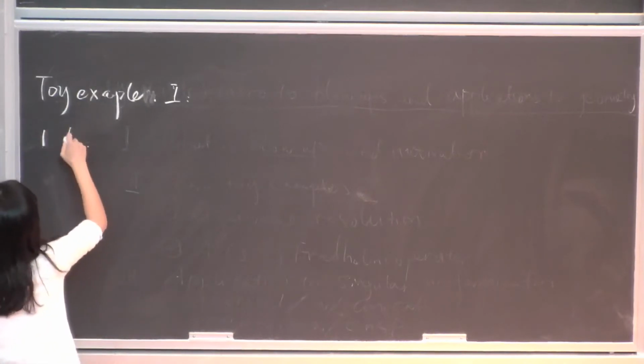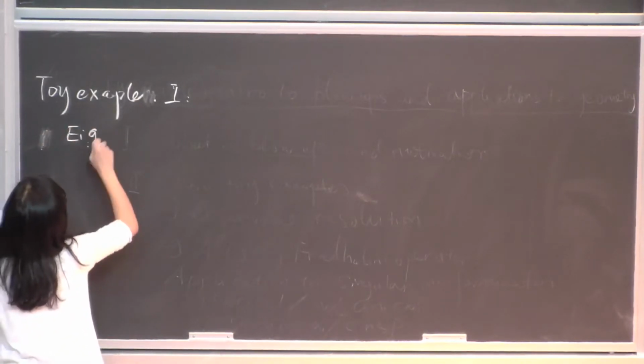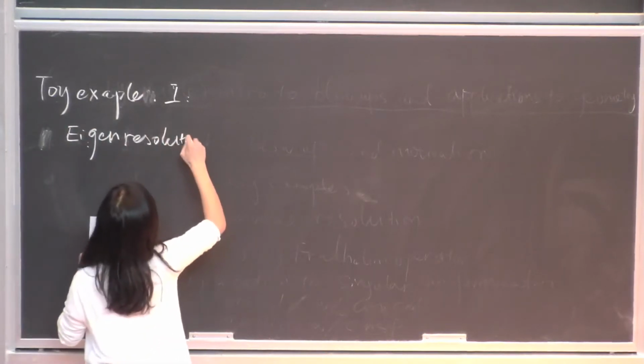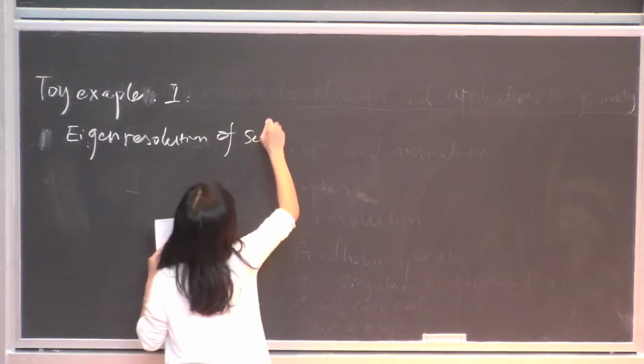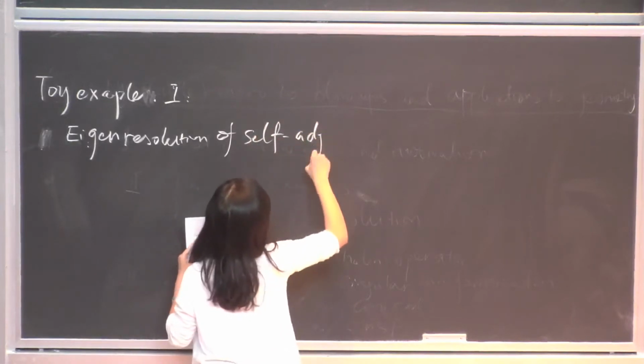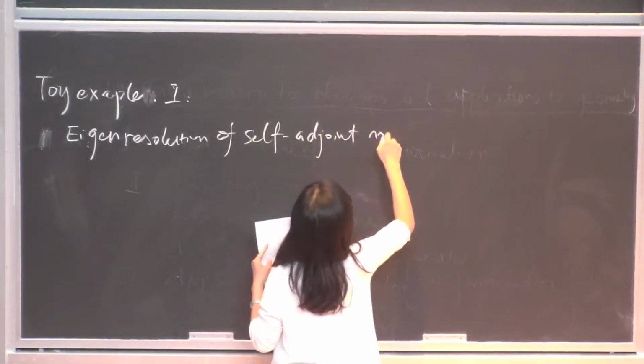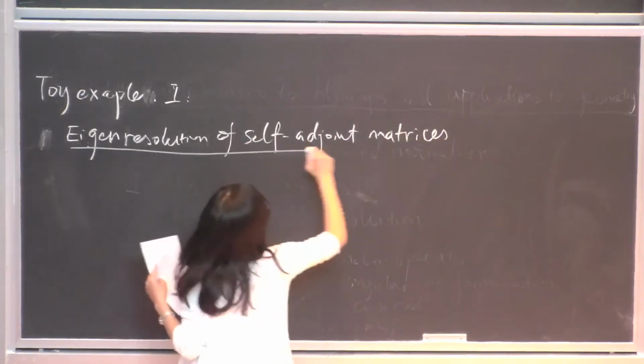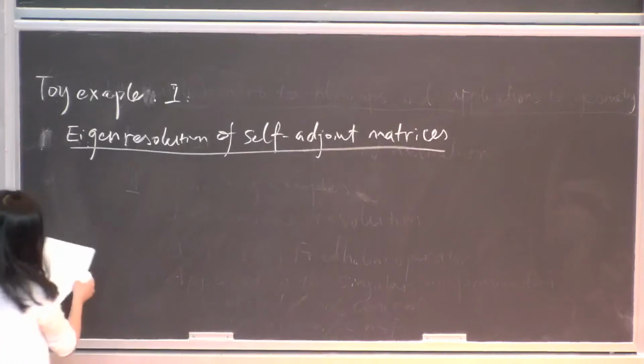So this is called eigenresolution. Eigenresolution of self-adjoint matrices. Okay. So let me present the setting first.